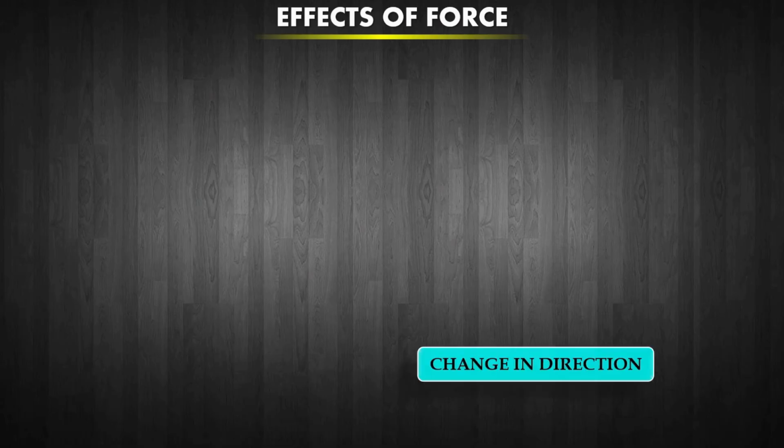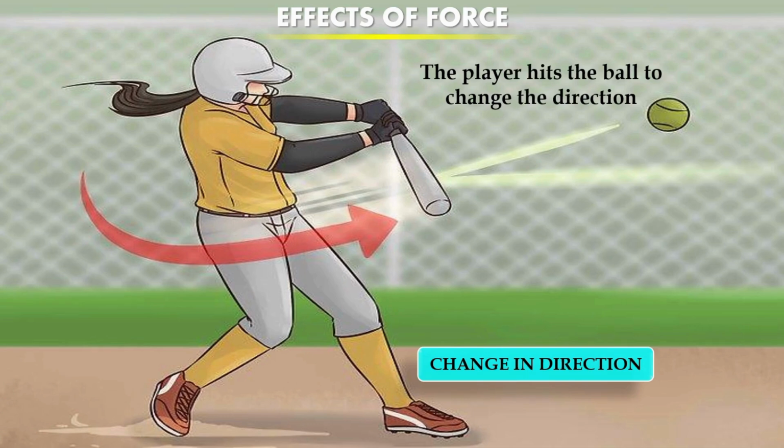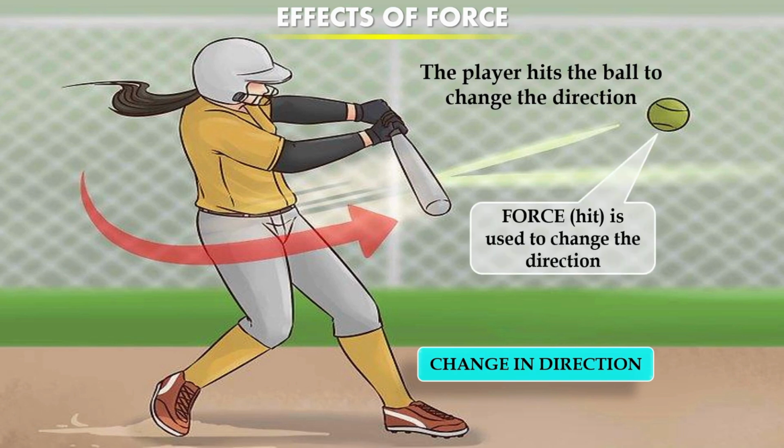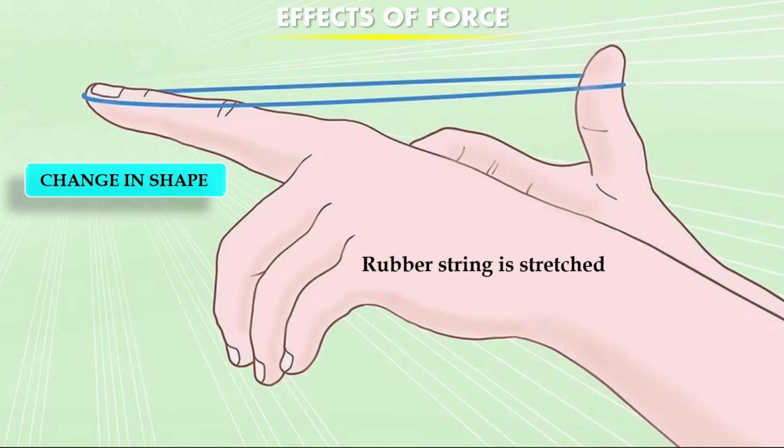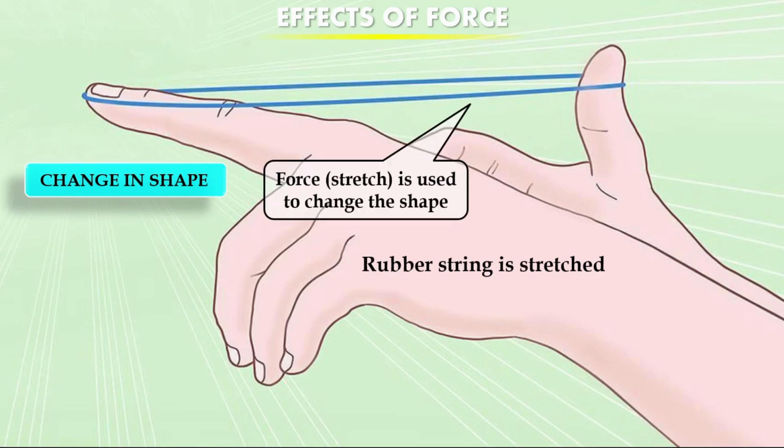Change in direction. The player hits the ball to change the direction. Force, that is the hit, is used to change the direction. Change in shape. A rubber string is stretched. Force, that is the stretch, is used to change the shape.